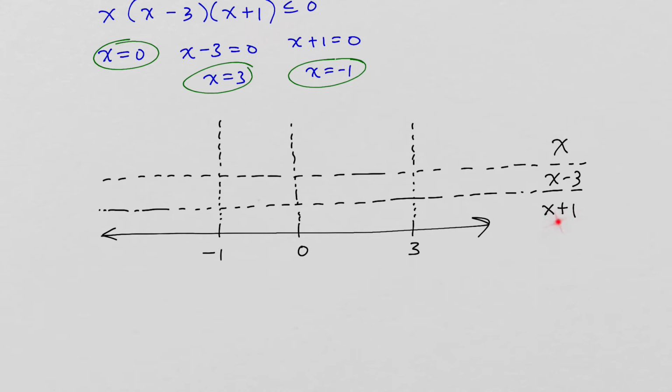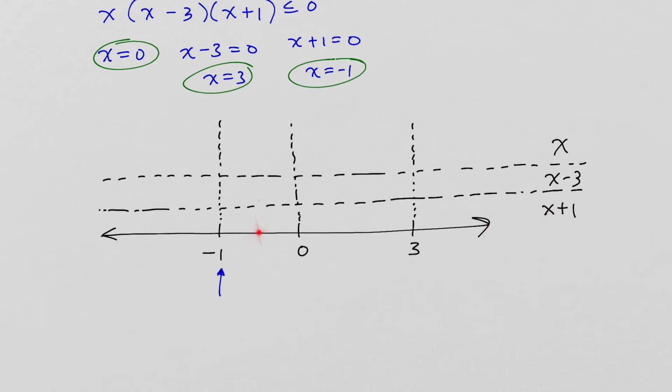Now, one thing that will save you a little bit of time here, let's start with the last factor, x plus 1. Think about when is x plus 1 equal to 0? Well, it's equal to 0 when x is negative 1, right? That's where that number came from. So if I plug in any number to the right of negative 1, like x equals 2, for example, that's going to give me a positive number. If I plug in x equals 5, I get a positive number.